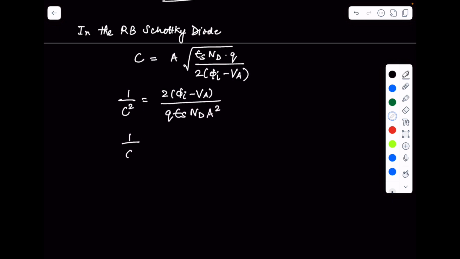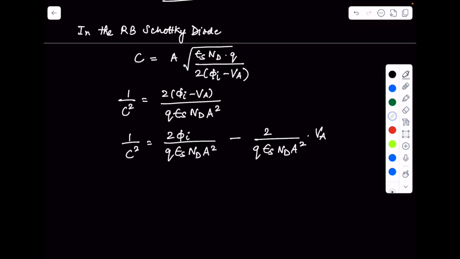In other words, 1/C² = 2φ_i/(q ε_s N_D A²) − 2/(q ε_s N_D A²) times V_a. So the first term can be written as 1/C₀² and the second as k V. When I plot 1/C² versus voltage, I get a straight line whose x-intercept gives me C₀ and whose slope gives me the value of k. So you know how they're connected to physical quantities.